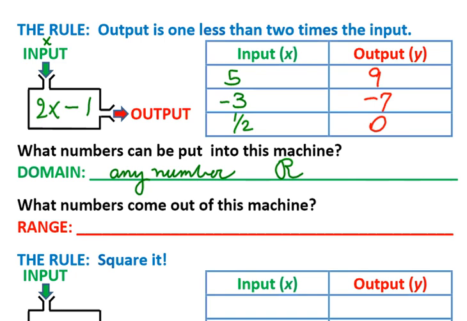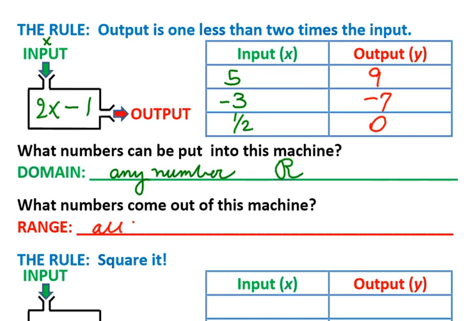What numbers came out of the machine? Well, we can output a 9, a negative, a 0, and could we output a fraction? Yes. For example, maybe we put in a 1/4, it's going to end up with a fraction answer. So it looks like for the range, everything came out as well.